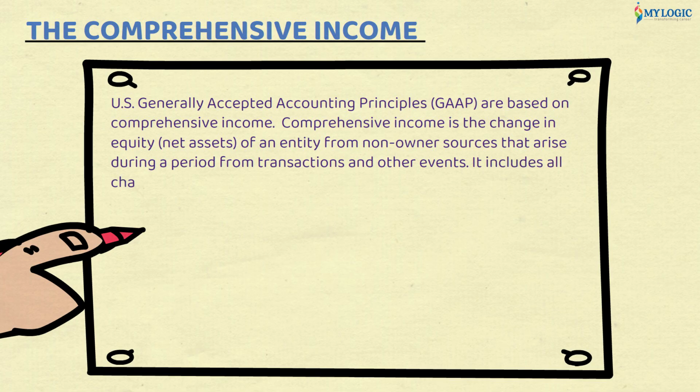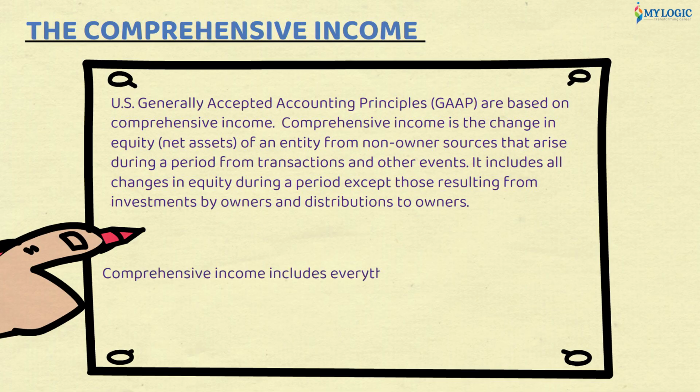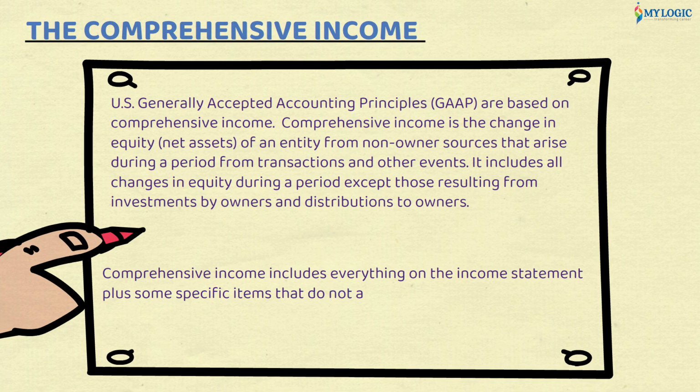It includes all changes in equity during a period, except those resulting from investments by owners and distributions to owners. Comprehensive income includes everything on the income statement plus some specific items that do not appear on the income statement.